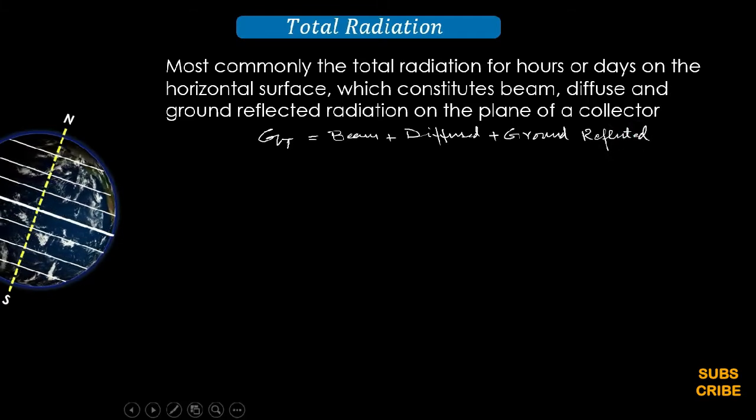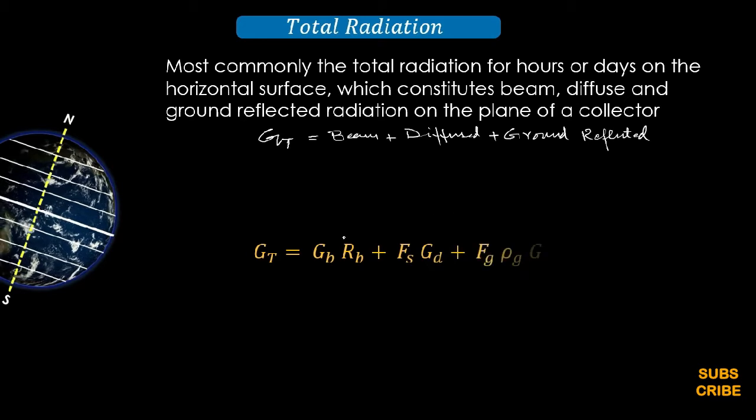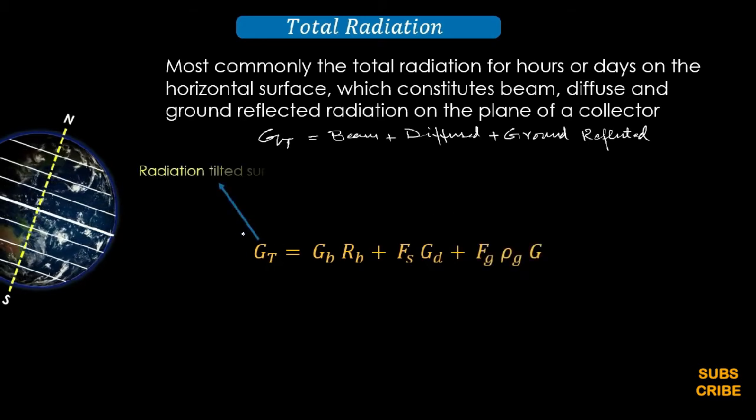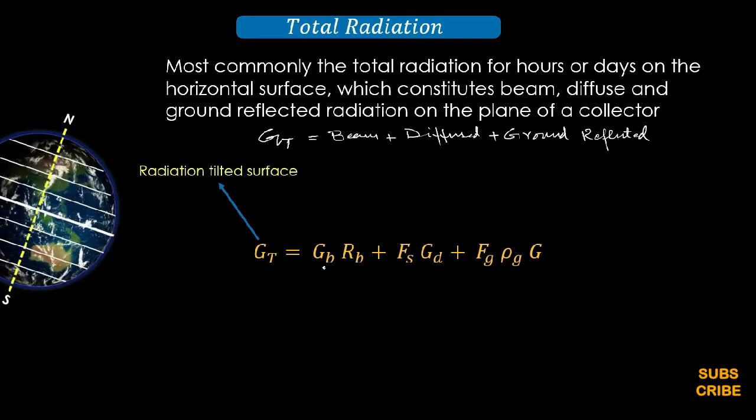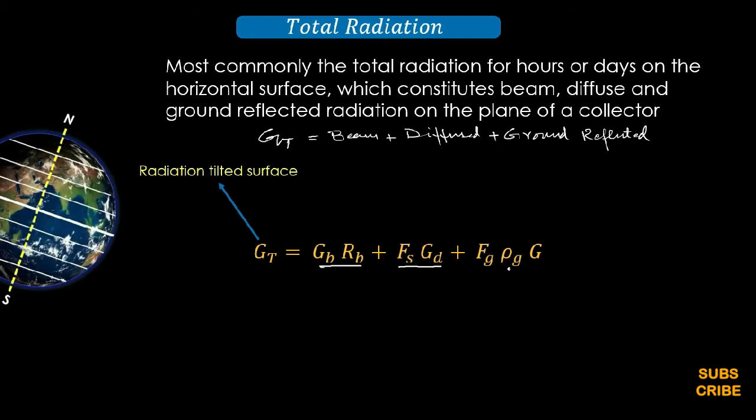We can calculate this by using this expression, where GT stands for the radiation on a tilted surface, and this is the part of the beam radiation, this is the diffuse radiation, and this is the ground reflected radiation.